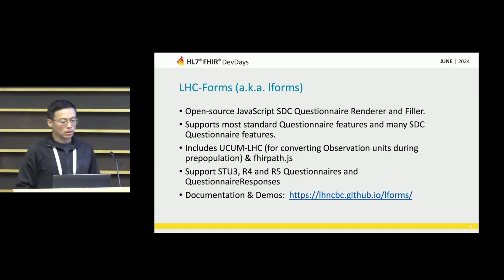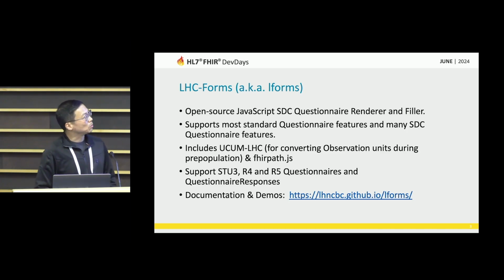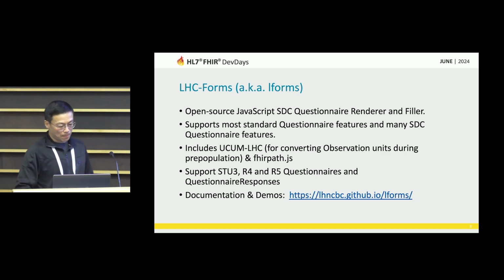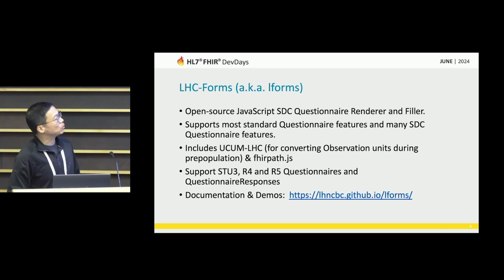It also includes the UCUM JavaScript library for unit conversions, used in pre-population. When an observation is retrieved from the FHIR server, it is automatically converted to the proper unit. It also uses a FHIR library, and it supports STU3 and R4, and recently R5 versions of Questionnaire and QuestionnaireResponse.